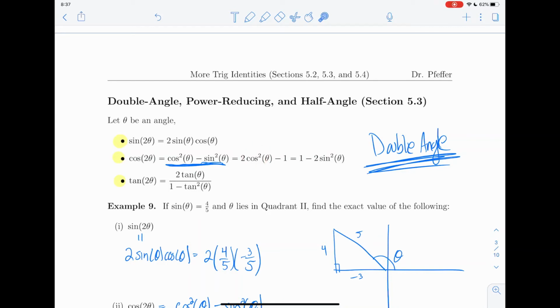So what I might do is take these formulas that are all equal to cosine 2 theta, and solve for cosine squared or sine squared. And that'll allow me to, for example, replace sine squared with some sort of an algebraic equation involving cosine 2 theta. And so if you're working within the context of a problem where squares are bad, but multiple angles are good, that might be something you're interested in.